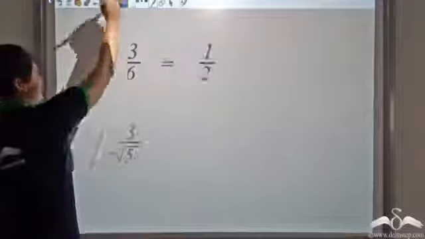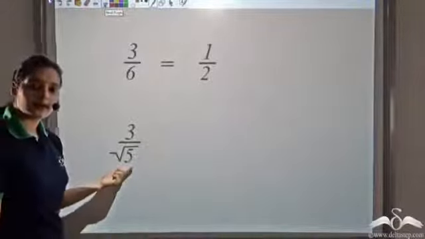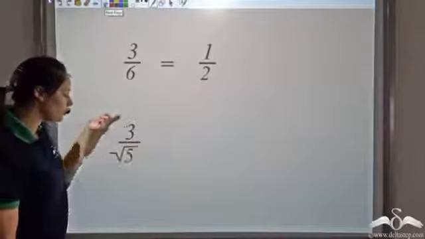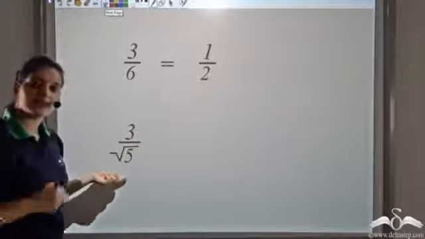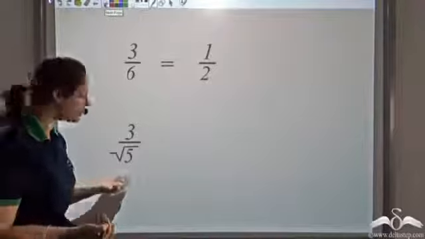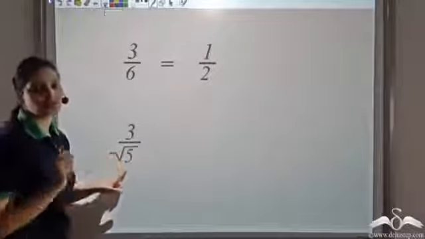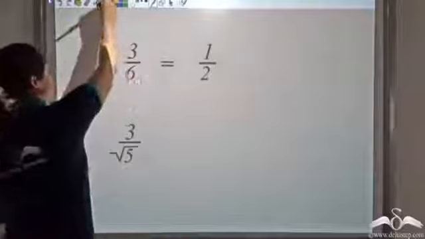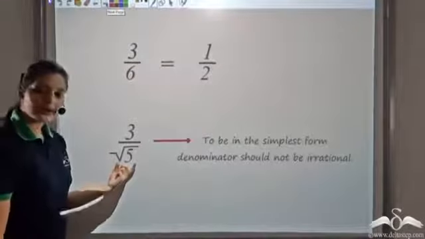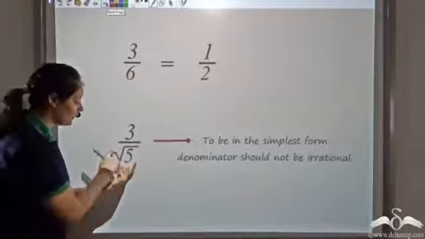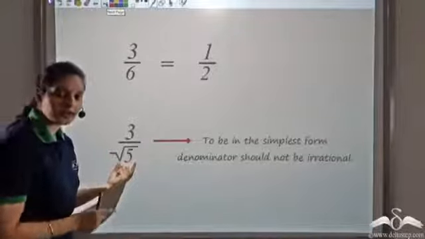Now let's look at this irrational number, which is 3 by under root 5. To write this irrational number in its simplest form, the denominator should not be an irrational number. The denominator is under root 5, which is an irrational number.